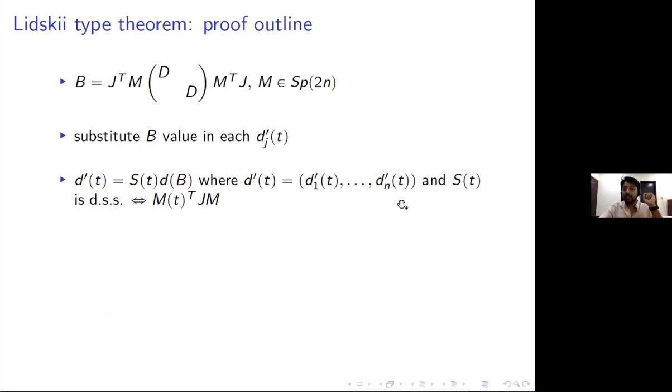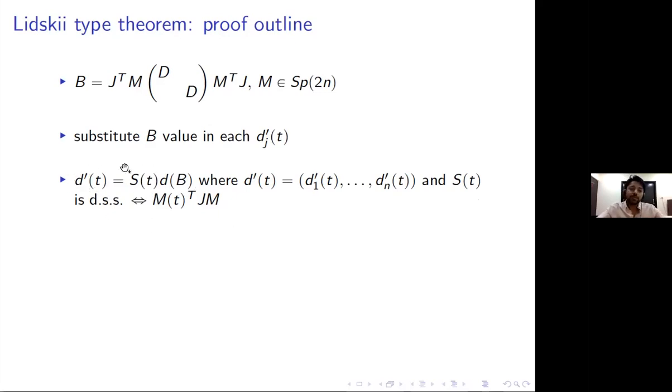And S(t) here is the doubly superstochastic matrix associated with a symplectic matrix. Remember, the symplectic group is a group under multiplication, so it's a product of 3 symplectic matrices. So it's a symplectic matrix, and S(t) is the associated doubly superstochastic matrix, which we saw earlier.